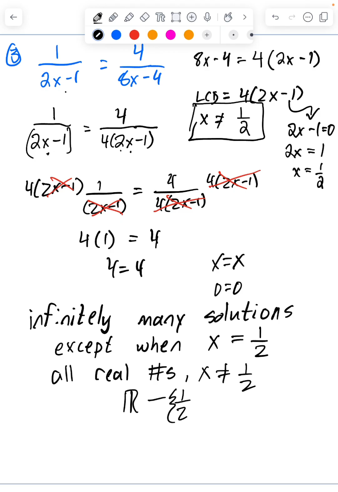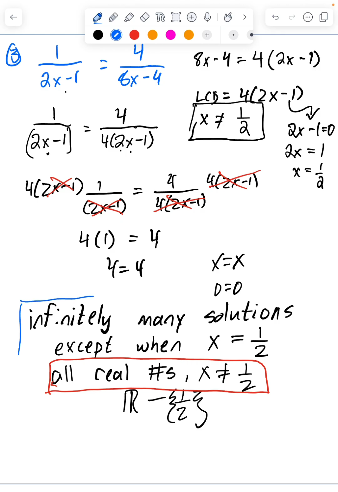I would just stick with this one if you're feeling comfortable writing it this way, but this one works perfectly well if you get it on the Regents or an exam.